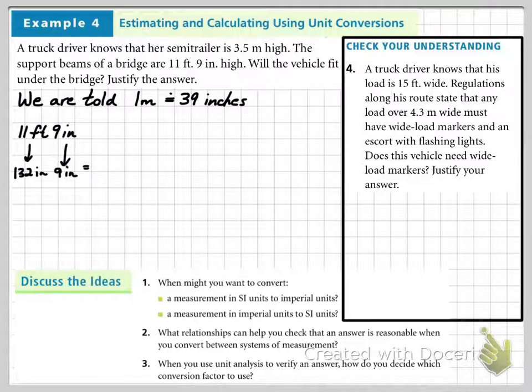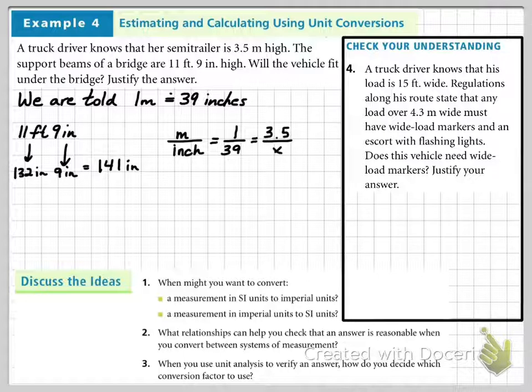And we're going to say 11 feet 9 inches. Well, the 11 feet converts to 132 inches by multiplying 11 by 12. 9 inches is 9 inches. Adding the two together gives me a total of 141 inches. Now, when I compare meters to inches, 1 meter is approximately 39 inches.